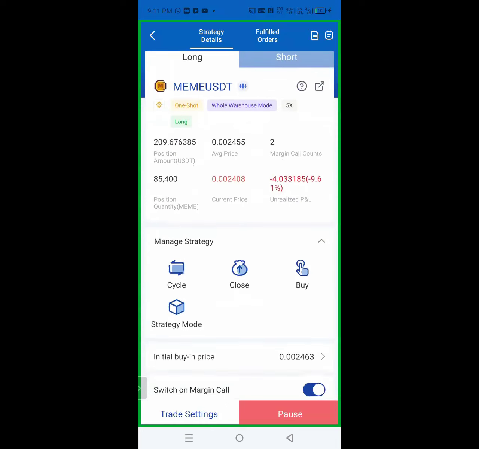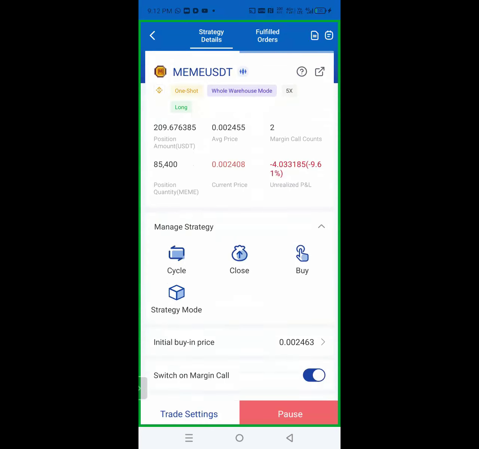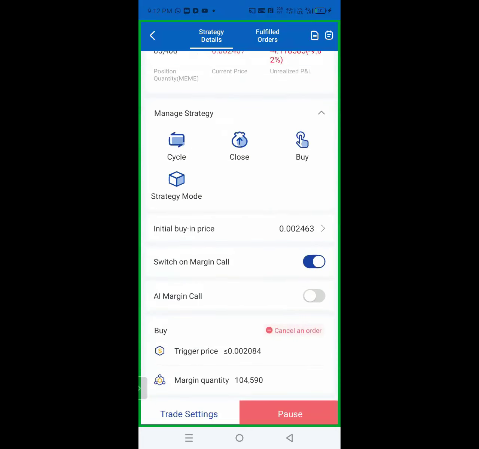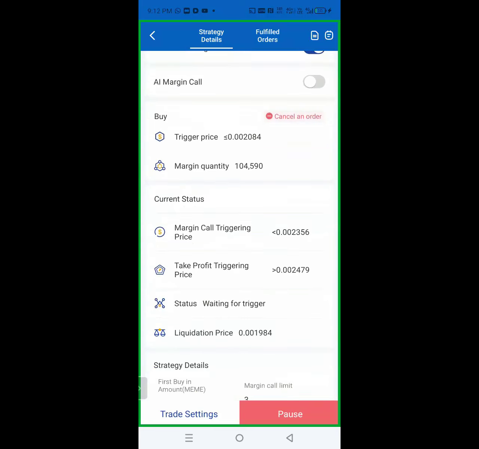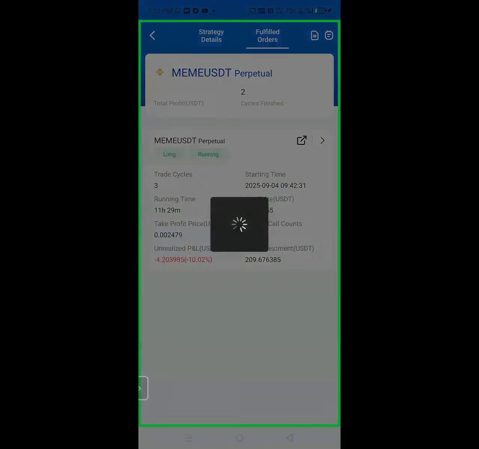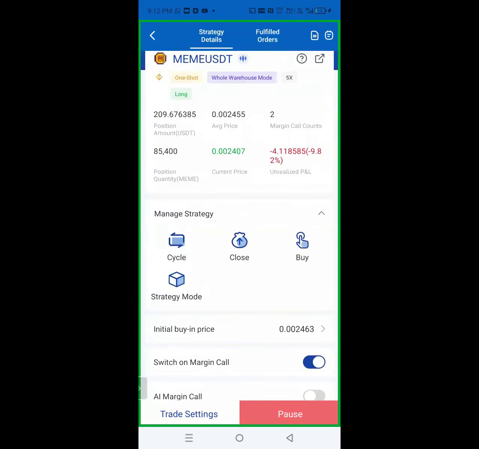You understand? So this trade is at 0.002408. When it gets to 0.002084, look at my liquidation price, 0.001984. So when it gets to 2084, my floating loss percent would have been around -60 or -70.